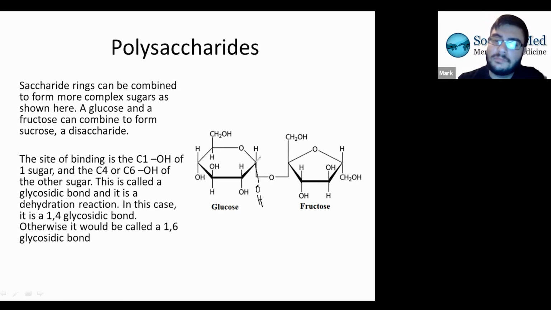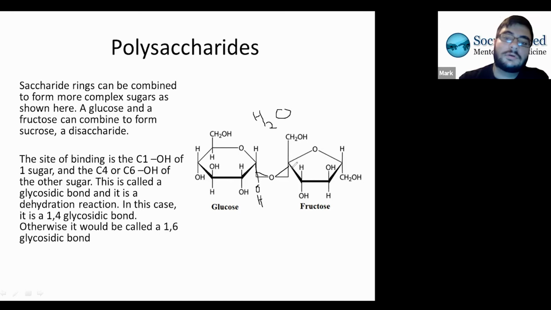And they undergo something called a dehydration reaction, which we talked about earlier when we talked about peptide bonds, right? If this had an OH, this had an OH, got rid of one from each side, and you ended up with this, right? You ended up with one OH and one H gone, so H2O, and then this bond formed like this.